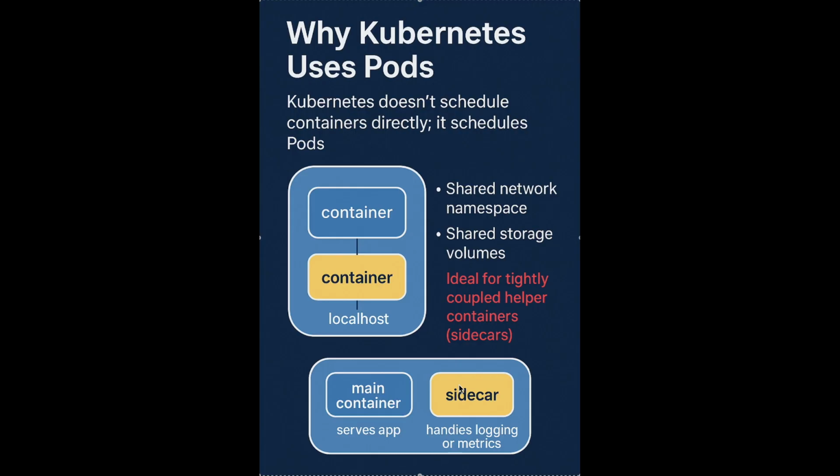This design makes your pod modular and composable, letting you add observability, networking, or storage logic without changing your main app container. In short, Kubernetes uses pods to group containers that need to work closely together. They share the same network, storage, and lifecycle. In the next section, we will look at how a pod goes through different lifecycle phases inside the cluster.